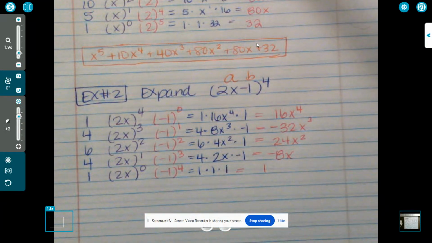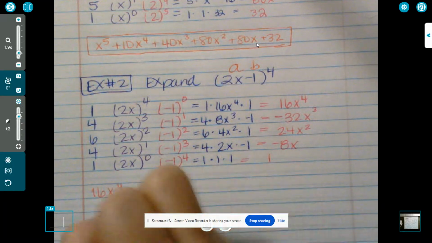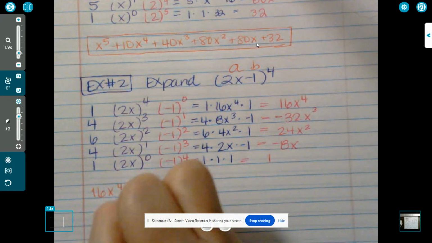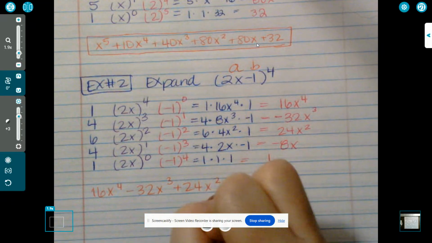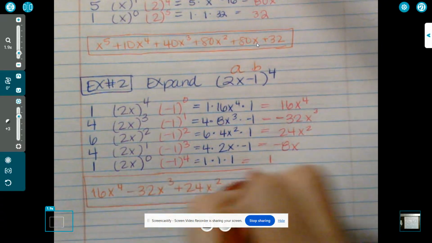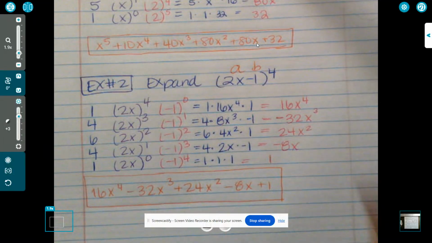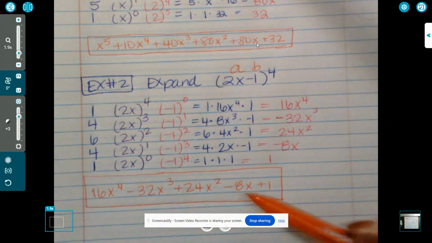So our final answer down here would be 16x to the fourth minus 32x cubed plus 24x squared minus 8x plus 1. So do notice that whenever we have a negative here, our signs are alternating.